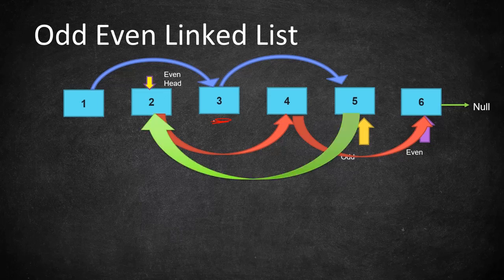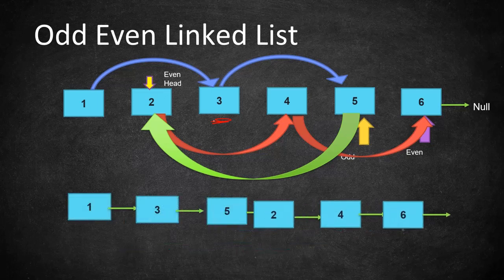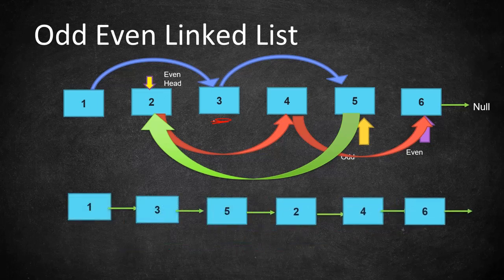So we establish a connection from odd.next to even head. Yes, this looks messy, but this is the final solution we have to return, with all the odd nodes in the front and all the even nodes in the back. It is as simple as that, and this works in big O of n time complexity and big O of 1 space complexity.